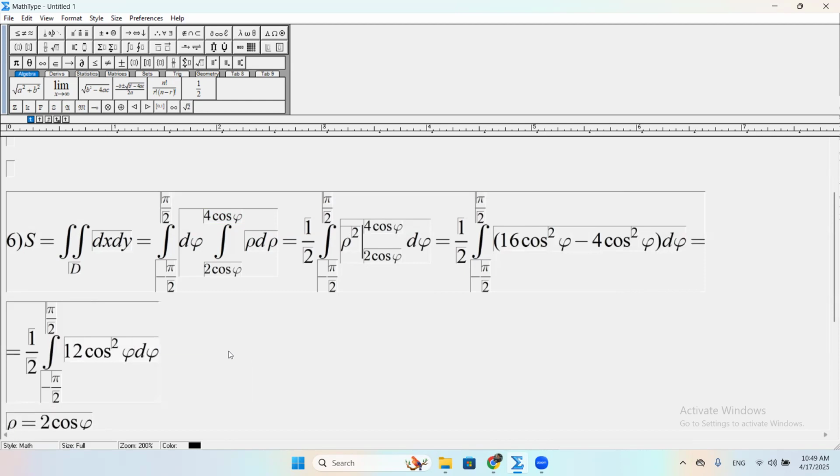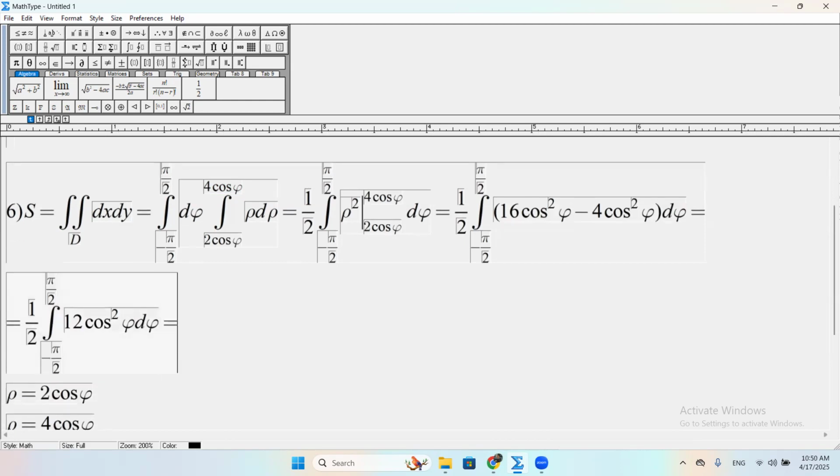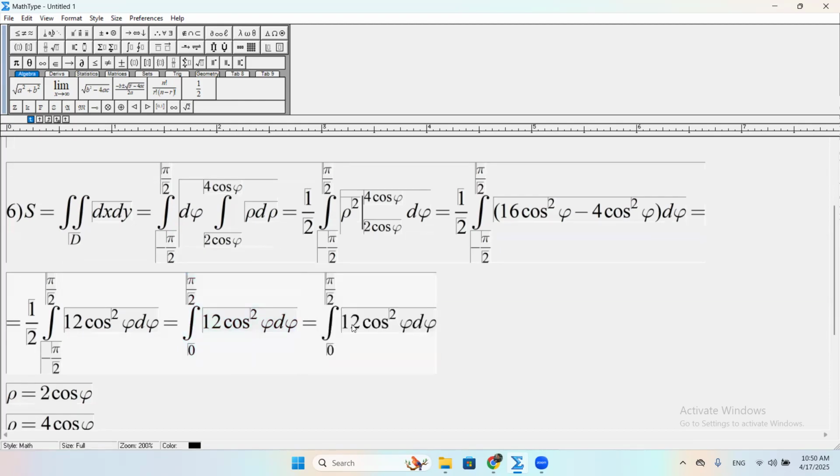And now let's also simplify this integral a little bit. As we can see, this function is even, so we can integrate from 0 to pi over 2 and multiply by 2. Then let's reduce the power.